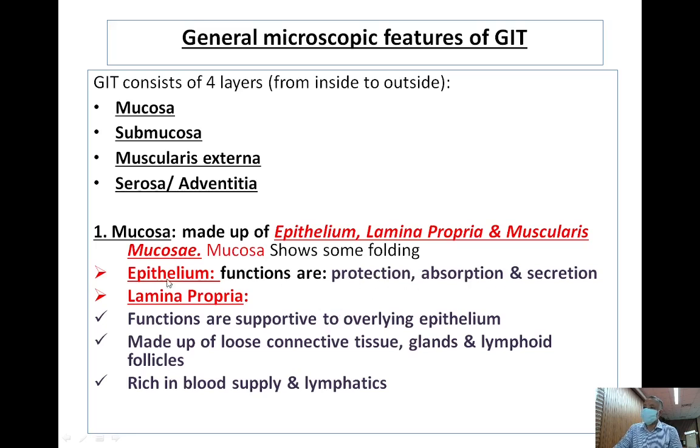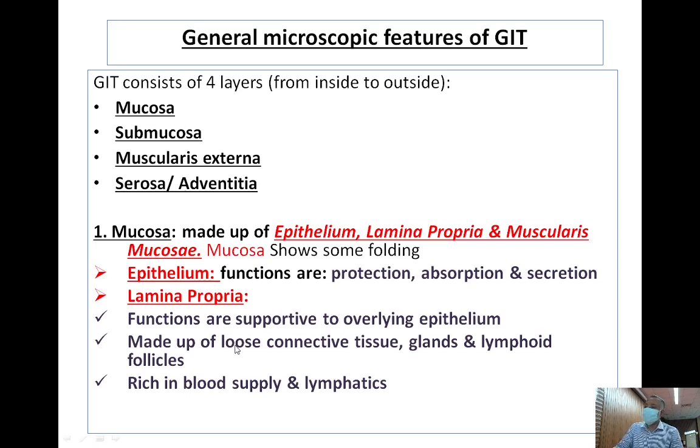Outer to the lining epithelium is the lamina propria. Its functions are mostly supportive, supporting the overlying epithelium; it forms the base on which the lining epithelium is seated.